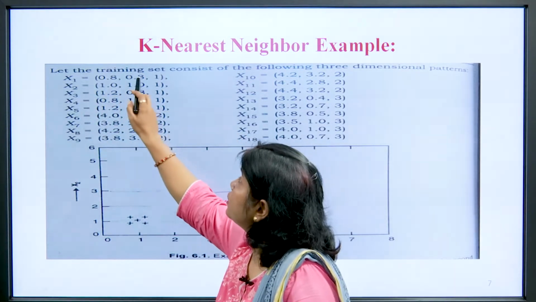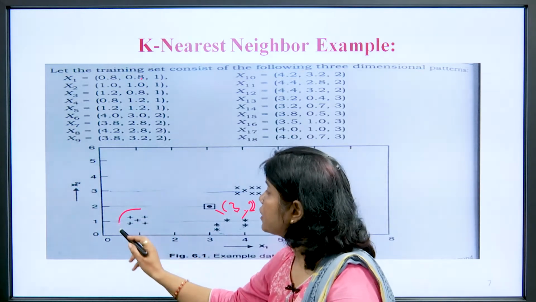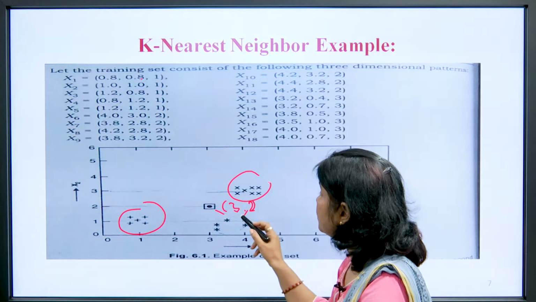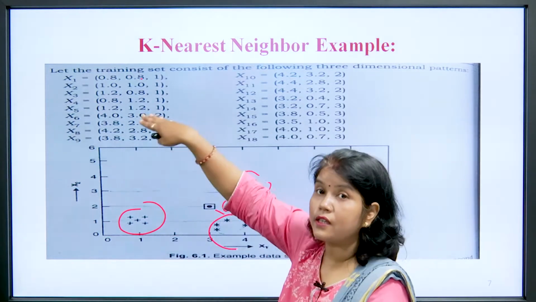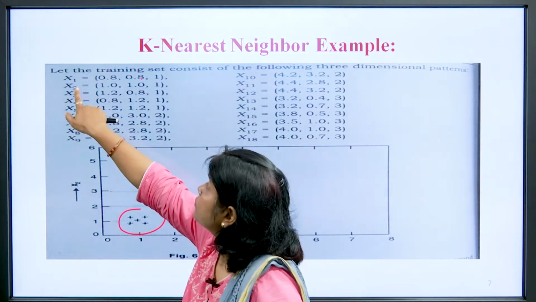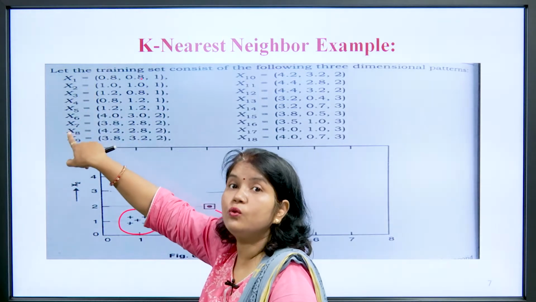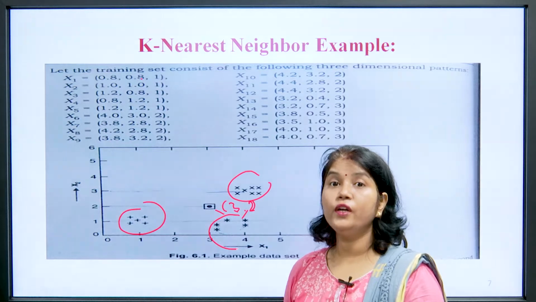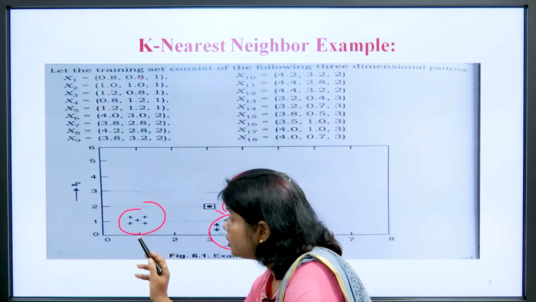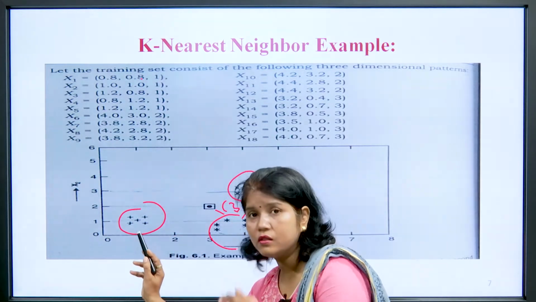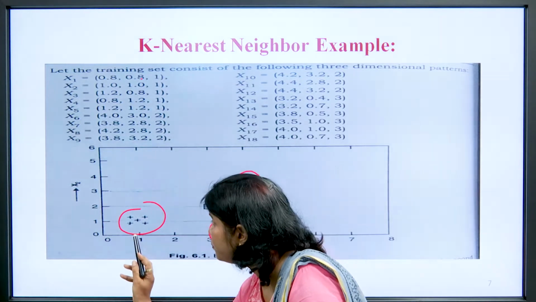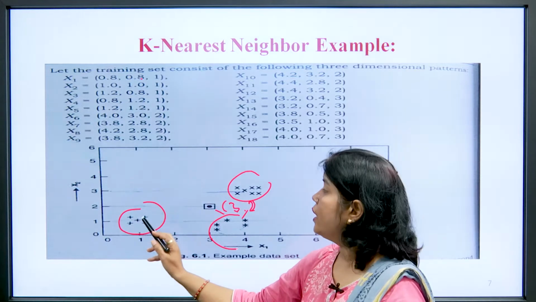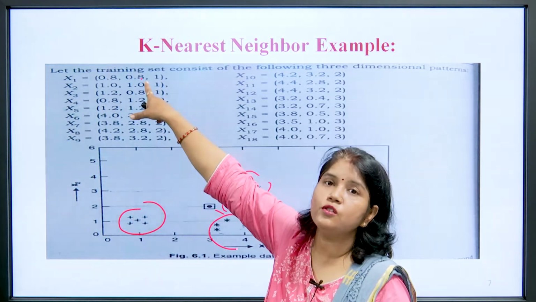x1 0.8, 0.8, this is the first category. This is the second category and this one is the third category. This is the way by which you can show the data set. So, x1 0.8, 0.8, just before 1, and in the y direction also 0.8, and this is class 1, that is why it is mentioned.